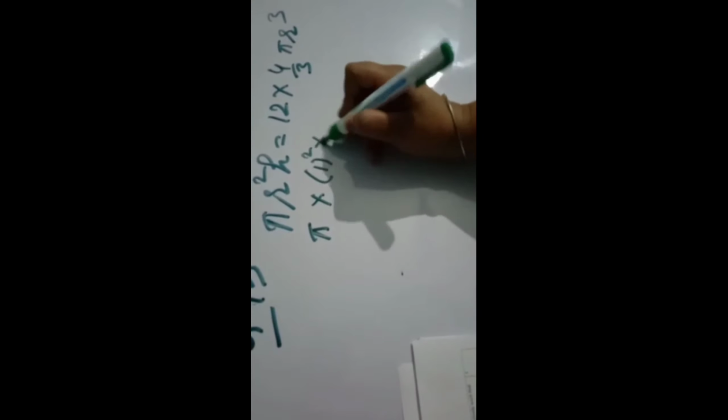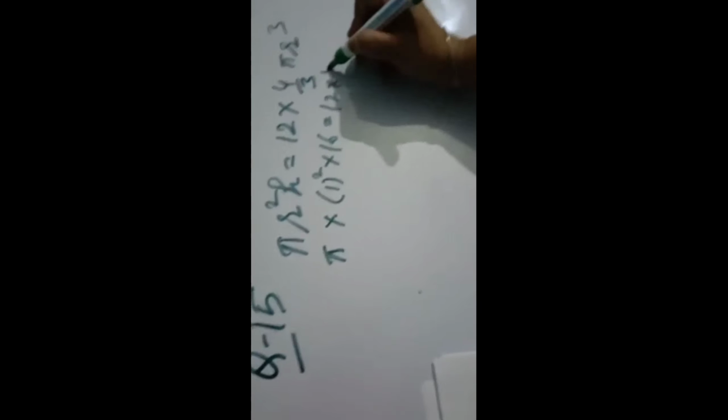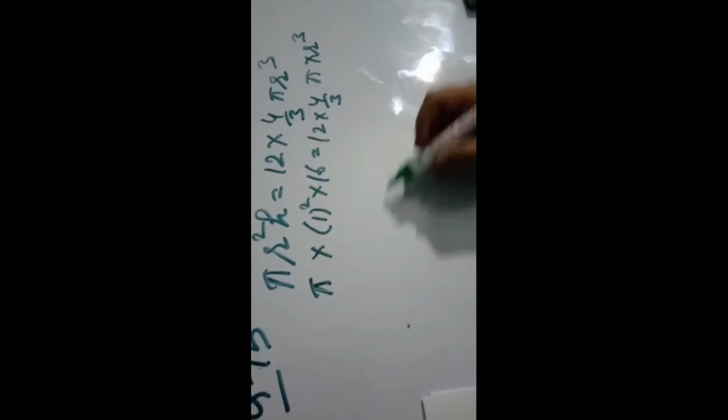Volume of a sphere is 4 by 3 pi r cube, and 12 spheres are made, so their volumes will be equal. When you put the values, pi into r square into h, r is 1, so 1 square into h value 16, and 12 into 4 by 3 into r cube. Pi value no need to put because pi will be cancelled, and r is what you want to find.